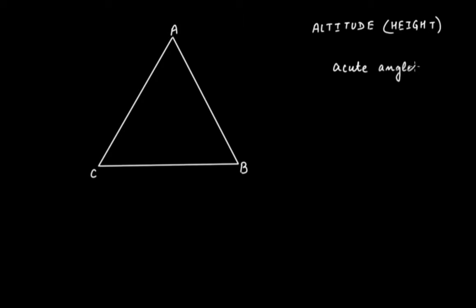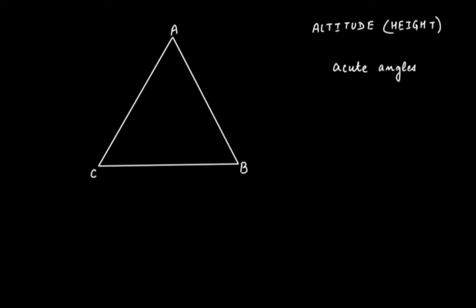Okay, now as it is clear from this term height, that is also known as altitude, it tells about the height of a vertex from a base. So if this is a vertex A and this is the opposite side to this vertex A, it will also be called base in this case.